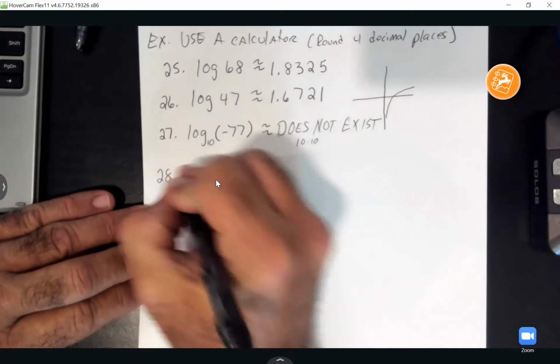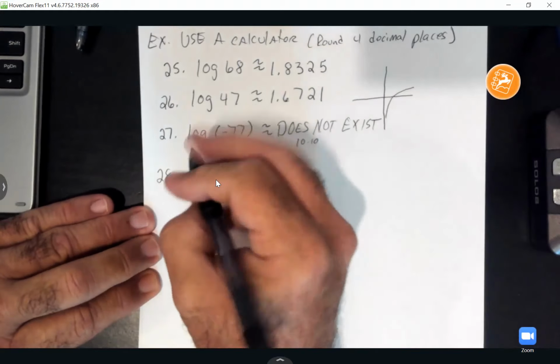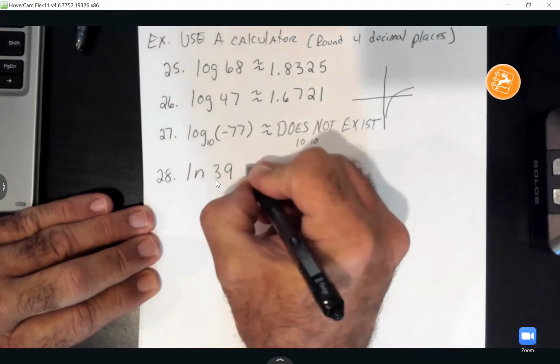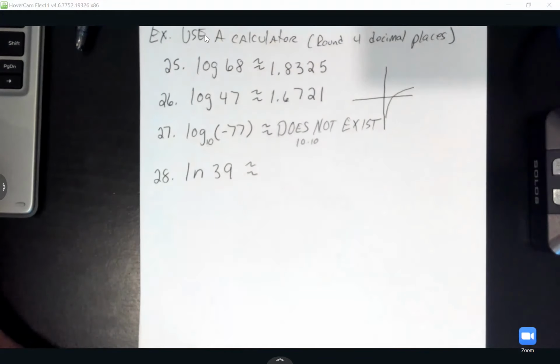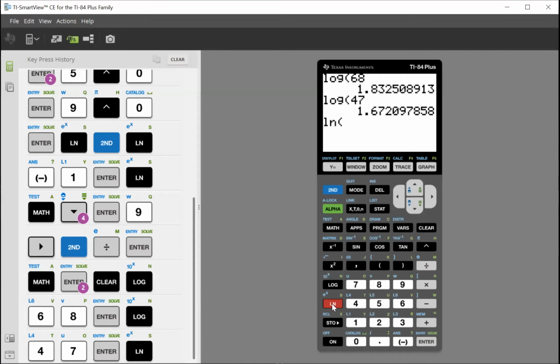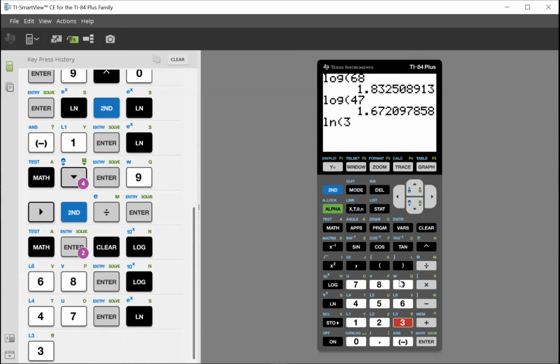Alrighty, y'all. Then they want y'all to play with the LN. LN of 39. Well, we got an LN button on that calculator. So we're going to hit LN, put in our 39, hit enter. So 3.66.